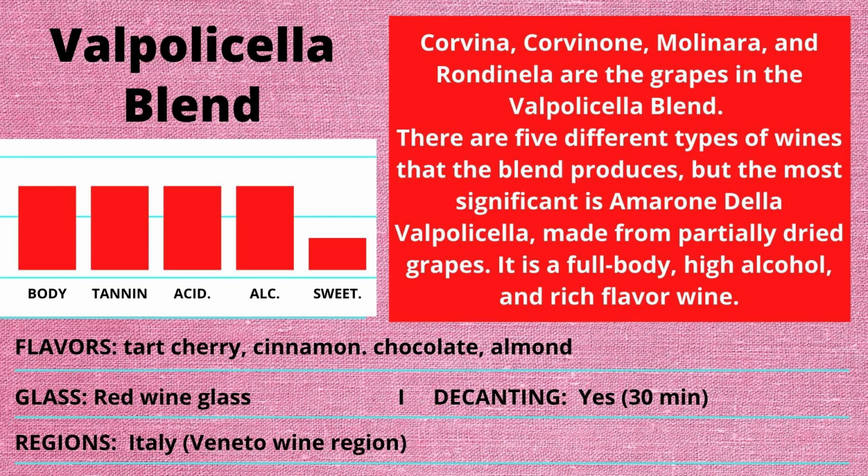Now you have a wine with a really high percentage of alcohol, really thick, full body and heavy tannin, and at the same time you still have sugar inside. Amarone della Valpolicella is one of the most amazing wines in the world. You should know about it. And like I said, those are two completely different types of wine produced with the Valpolicella blend.